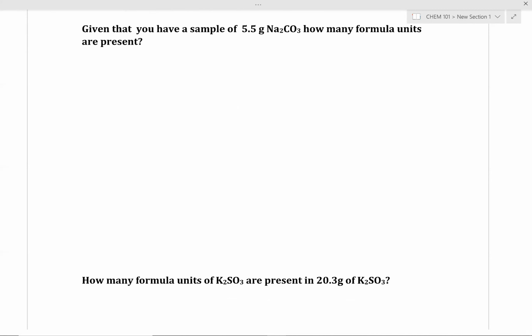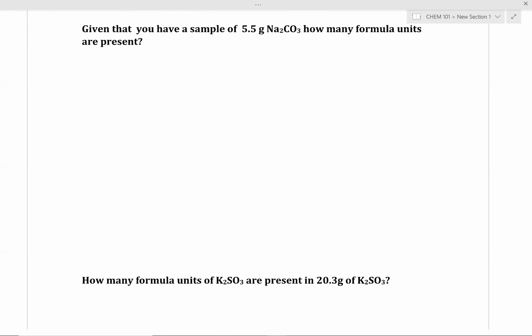Starting off with sodium, what is sodium's atomic mass from the periodic table? Yep. So we're going to round that to about 23.0 grams. A key thing to keep in mind when calculating molar mass: how many atoms of sodium do we have? 2. So we need to multiply by 2.